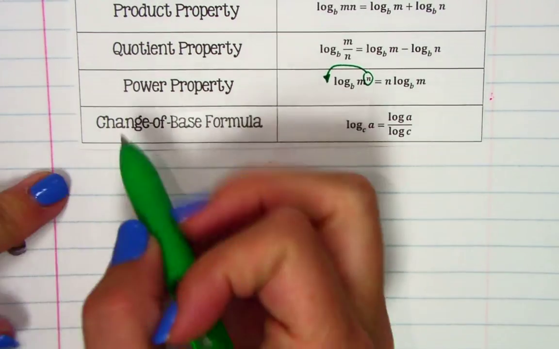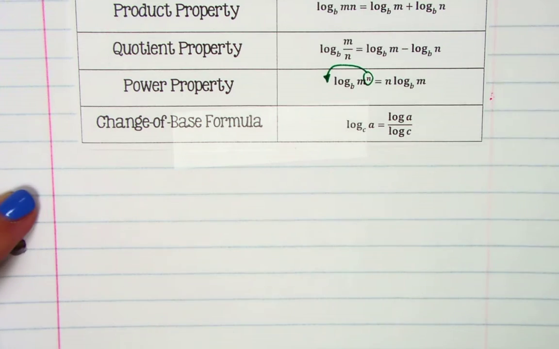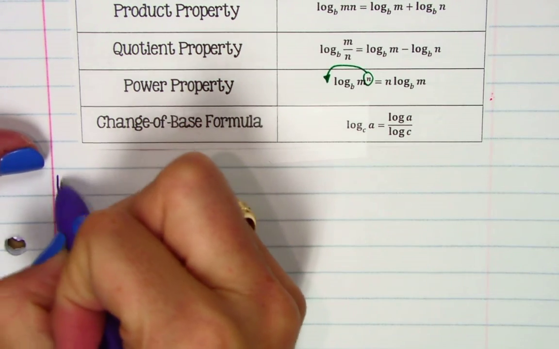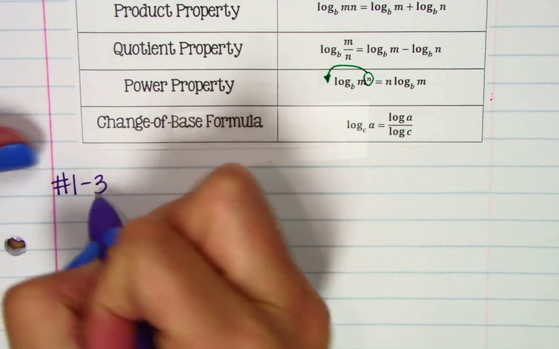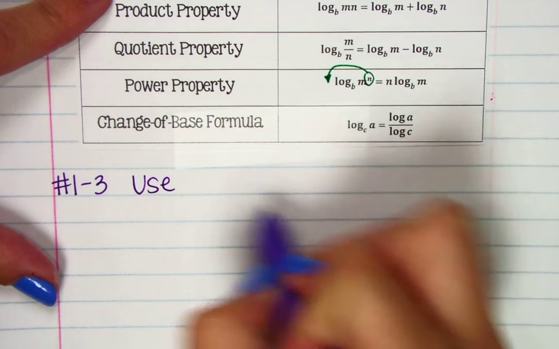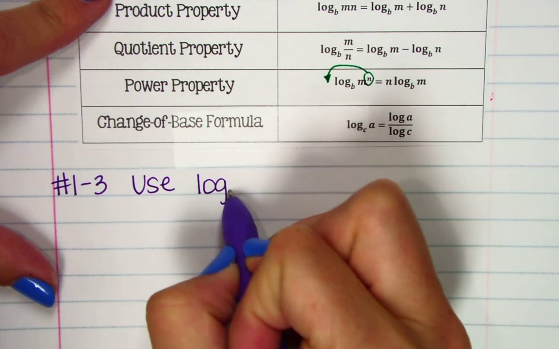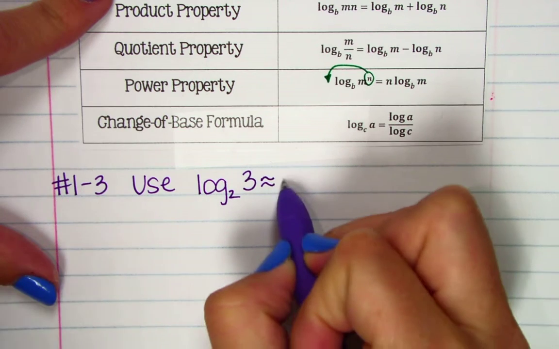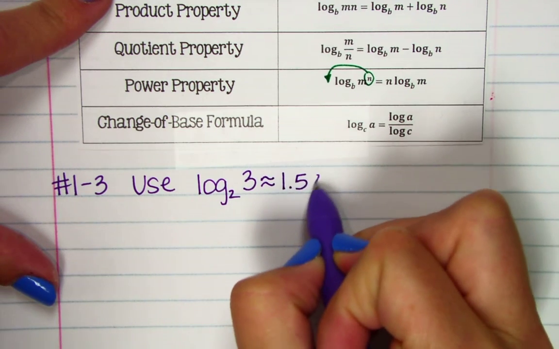So first part. On number 1 through number 3, they're going to tell us what some things are equal to. Use log base 2 of 3 approximately equals 1.585.